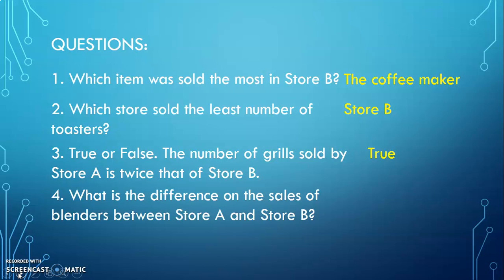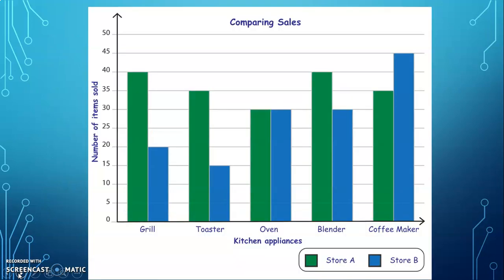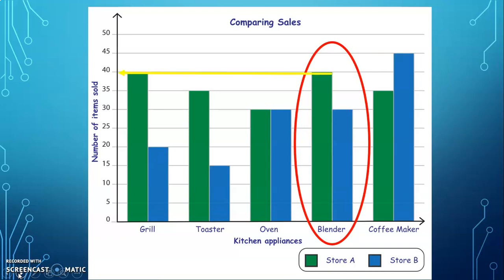Okay, fourth question. What is the difference on the sales of blenders between store A and store B? Now, the key word in this question is difference. And I know another way to say difference is subtraction. So I now go to the blenders over here, and I've got to find out the difference. So I need to find out the amount that each store sold.